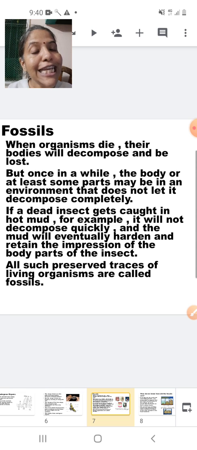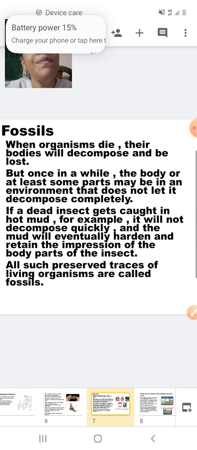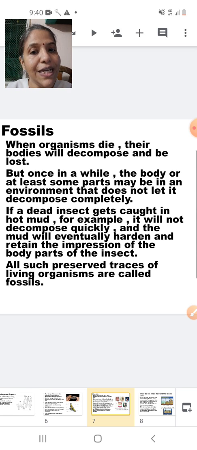Insects are invertebrates, so the body may get destroyed, but the impression may still remain, which will again be used for fossil studies. All such preserved traces of living organisms are called fossils.